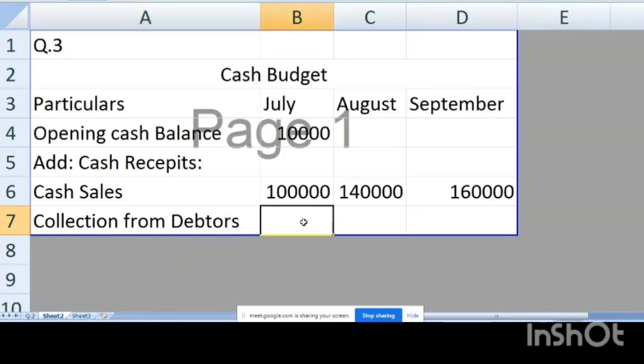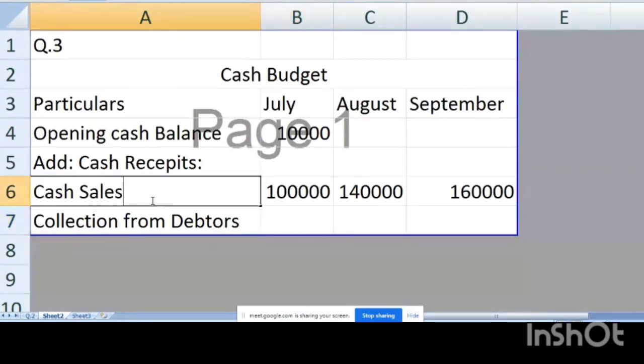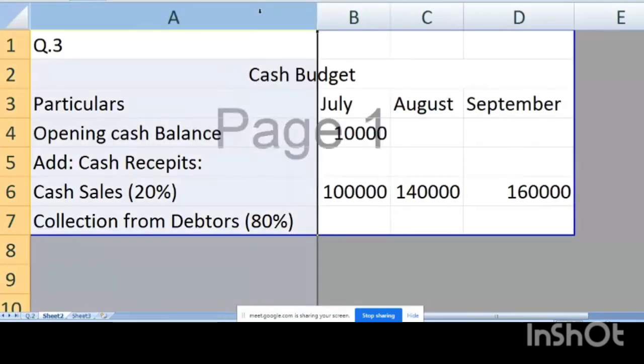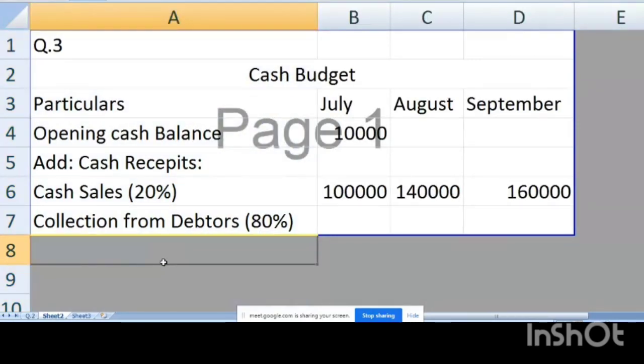So here 20% is cash sales. Out of the total sale, 20% is cash. So obviously the credit sale is how many percent? 80%. So first we need to take 80% of the total sales, and then see how it is to be collected.